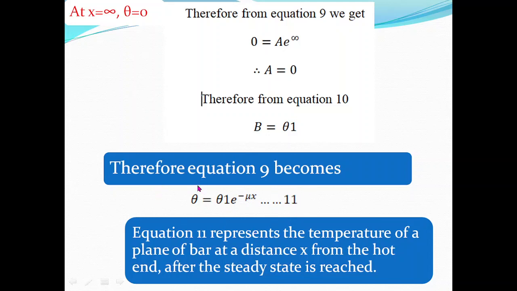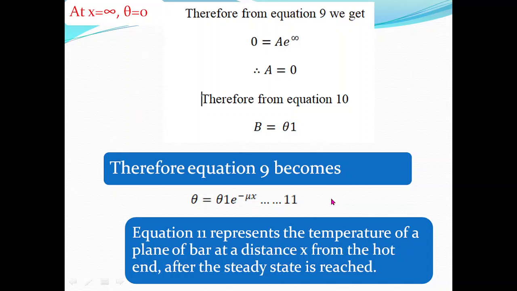This is the equation governing the heat flow along the bar, with which we can calculate the excess temperature conducted from the hot end at a distance x of the bar under steady state condition, provided that the bar is of infinite length.